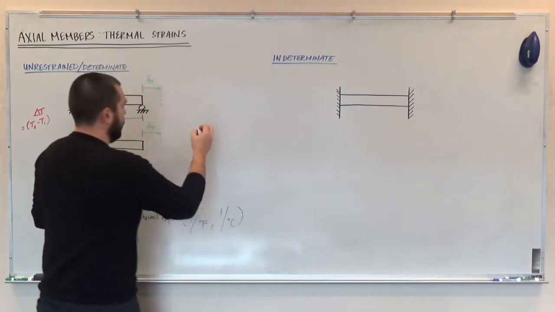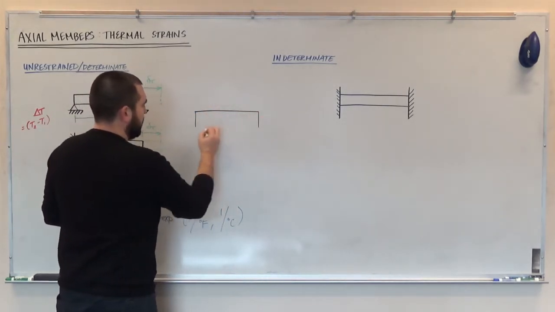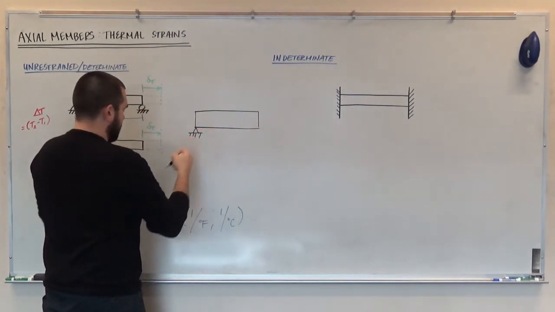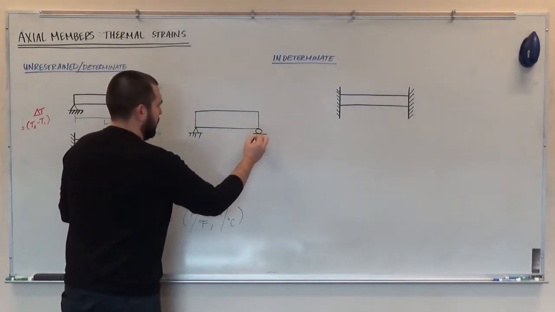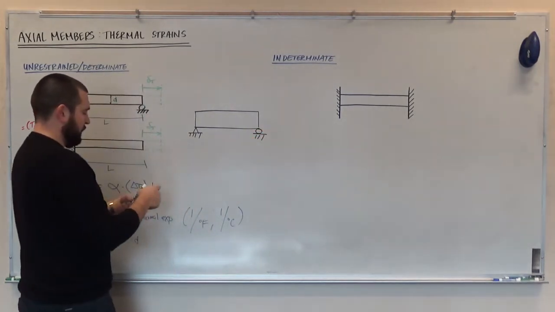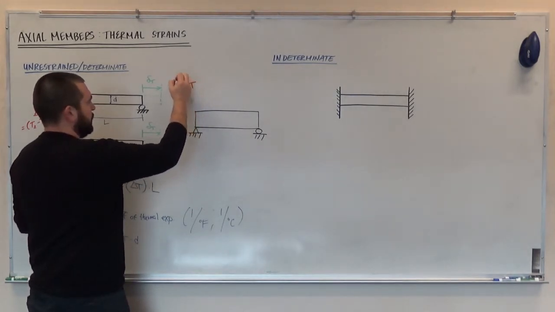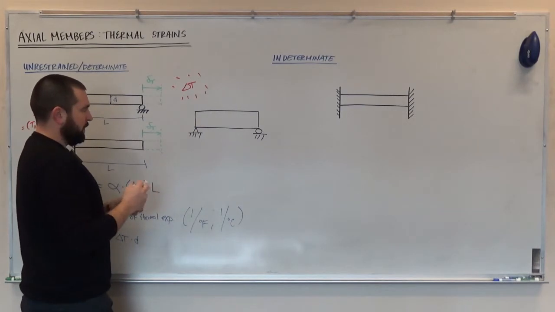I think that's an important point, so let's talk about that just a little bit. So one more time, just to make it as clear as possible, if we have a column like this, let's say pin and roller, and I have some change in temperature, delta T, that's applied to this column.